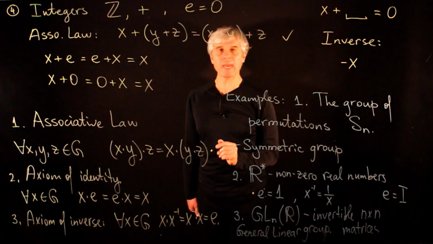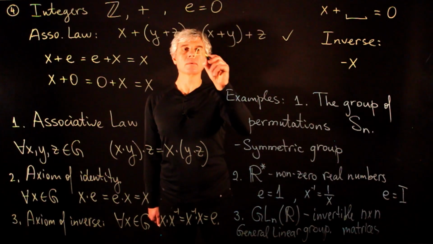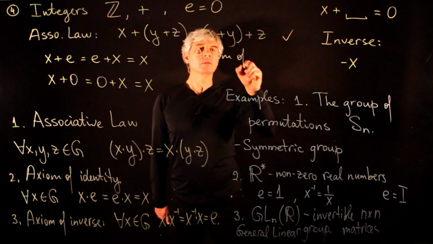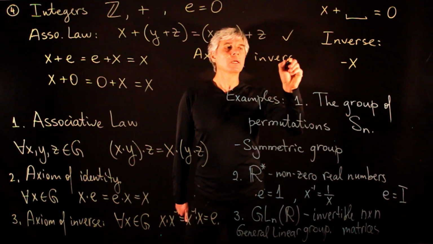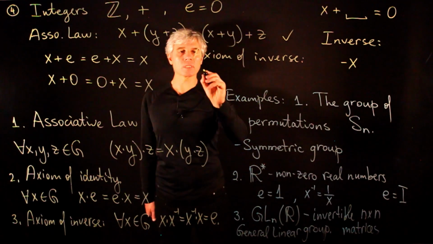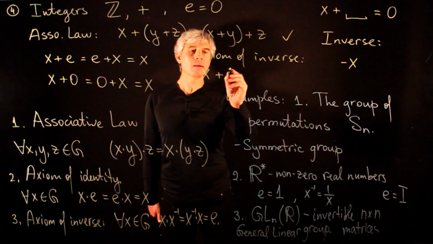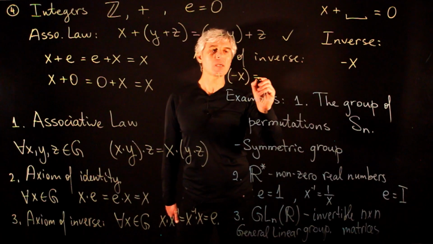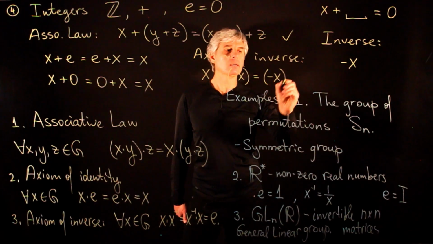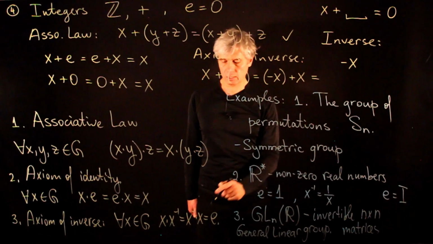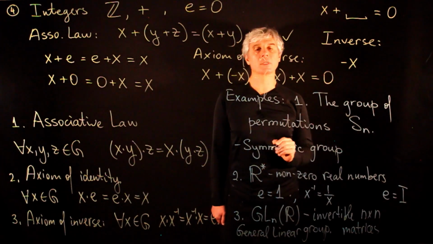And then the axiom of inverse will read in these new notations as x plus minus x is equal to minus x plus x, and is equal to the identity element, which is 0.